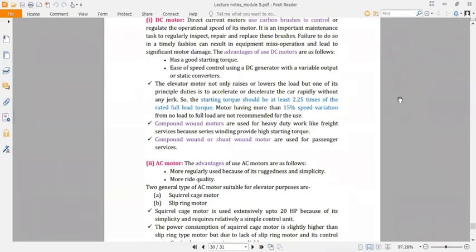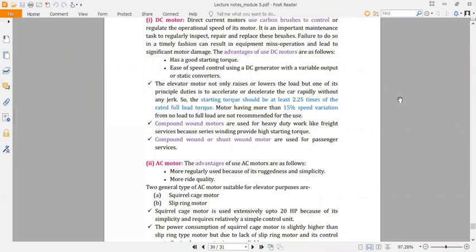elevator system. The elevator motor not only raises or lowers the load, but one of its principal duties is to accelerate or decelerate the cabin rapidly without any jerking. Its work is not only to move passengers or weight up and down from one place to another, but the operation should also be smooth without any jerk.